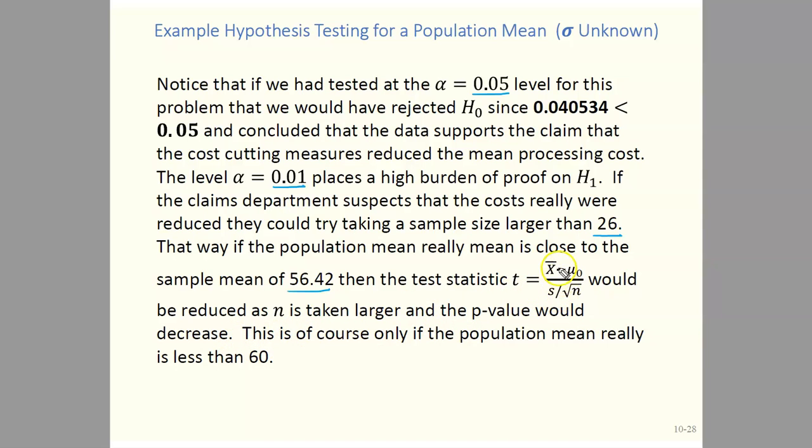So in other words, if your population mean really is less than 60, then as you take this value right here larger and larger, these values will tend to decrease. Now that is, of course, only if your population mean really is less than 60.